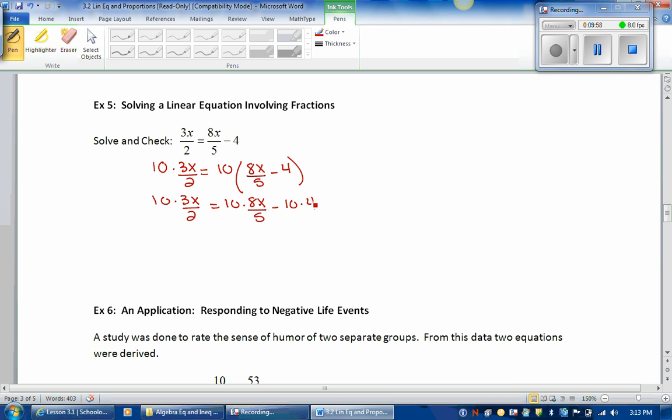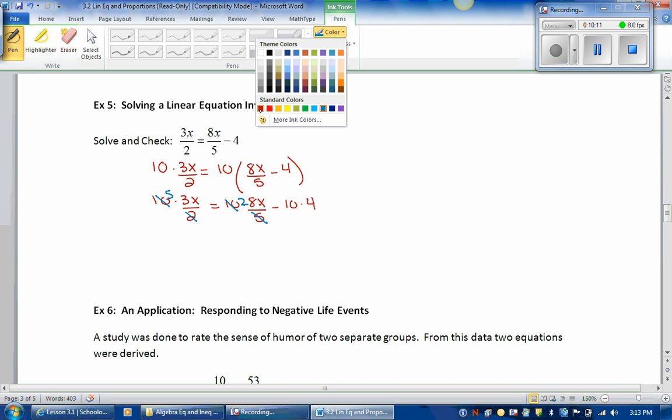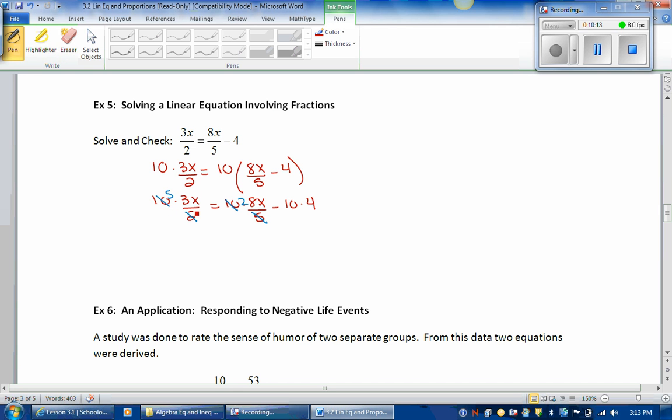You're going to see some reducing happen. Okay. 2 goes into 10 5 times. 5 goes into 10 2 times. And now we can go through and finish multiplying. 5 times 3x is 15x. 2 times 8x is 16x minus 40. Okay, so I've just made it a lot easier for myself.